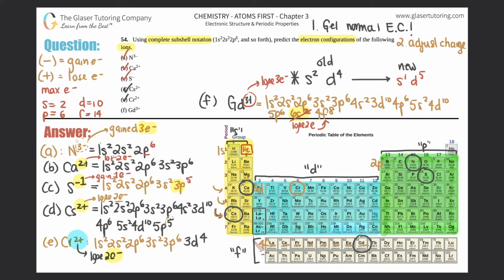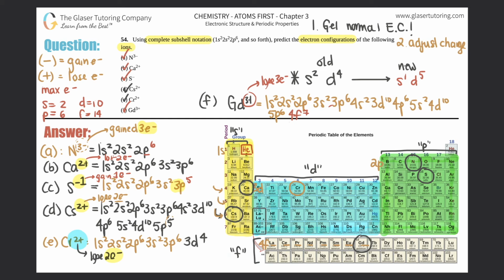So you would go from 4f8, because that's your valence electron. So I need to lose 1 more, because I lost 2 already. So this would be down to 7. So if I can just clear this up, we get completely rid of the 6s2. Goodbye to that. And then the 4f now just turns into 4f7. 4f7. Box that answer off. That's the answer for F.